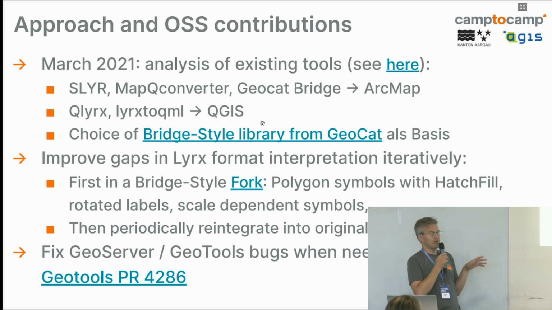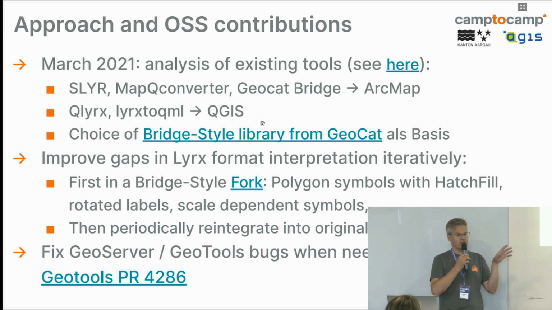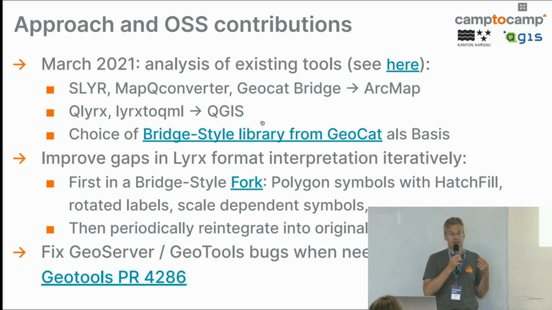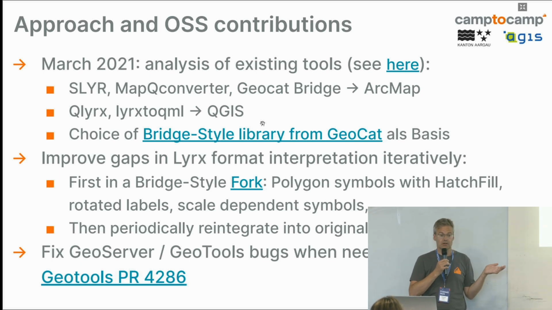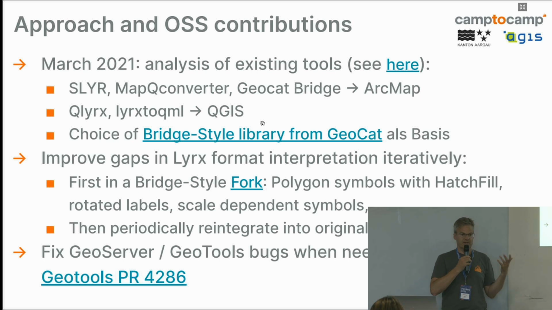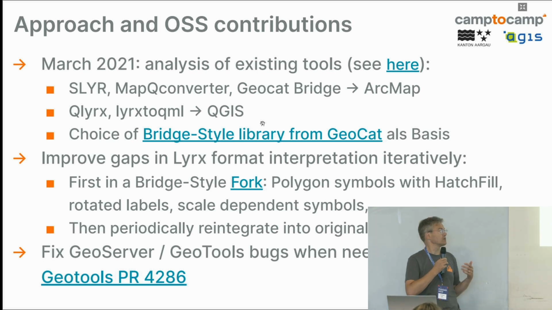But at least at that time, there were none that would convert the ArcGIS Pro format, which is the newer format compared to ArcMap, to SLD. We did find a library that our colleagues from GeoCat Netherlands started developing, which is called Bridgestyle, which they stopped. They're following another strategy now, but we took this as a starting block.